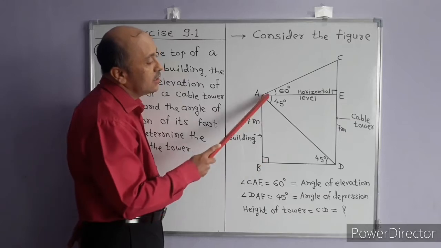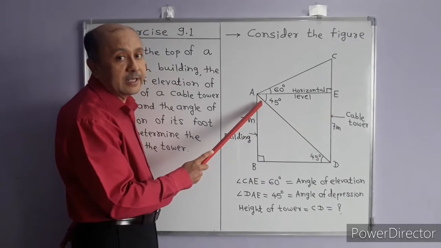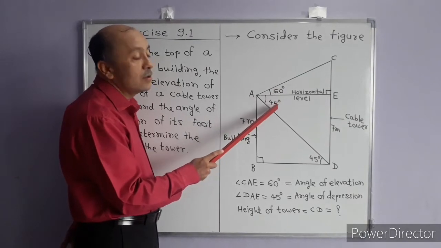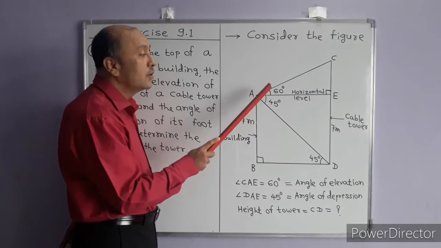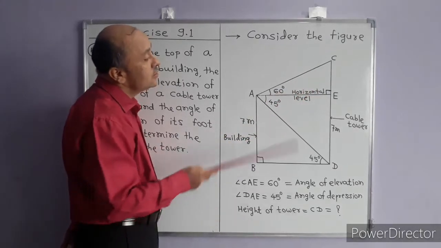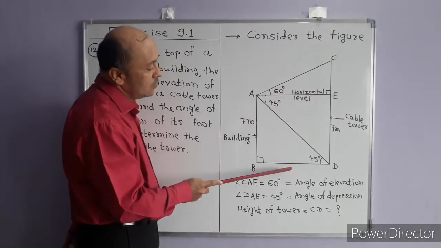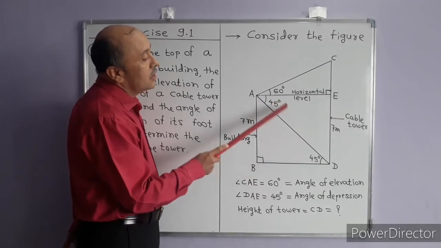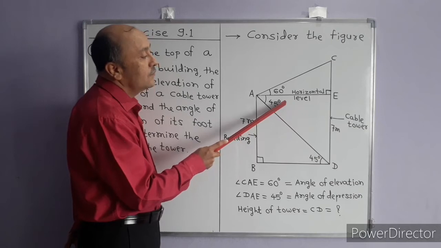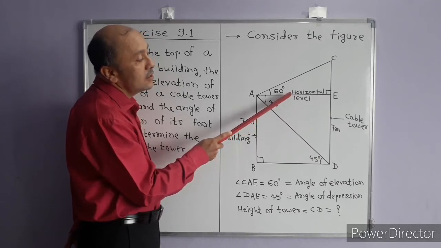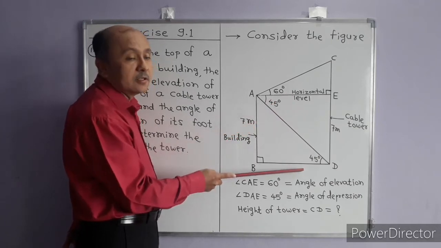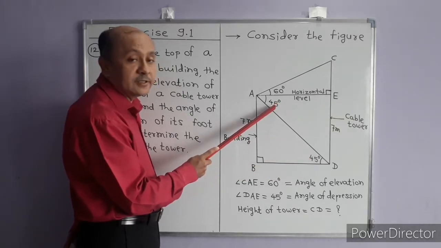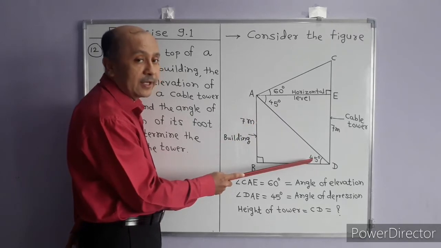Very important thing, angle of elevation and angle of depression are formed with the horizontal level only. Also, AE is parallel to BD. Therefore these two angles are alternate angles, and if the sides are parallel, then alternate angles are congruent. So this angle is 45 degrees given, therefore this angle is 45 degree.